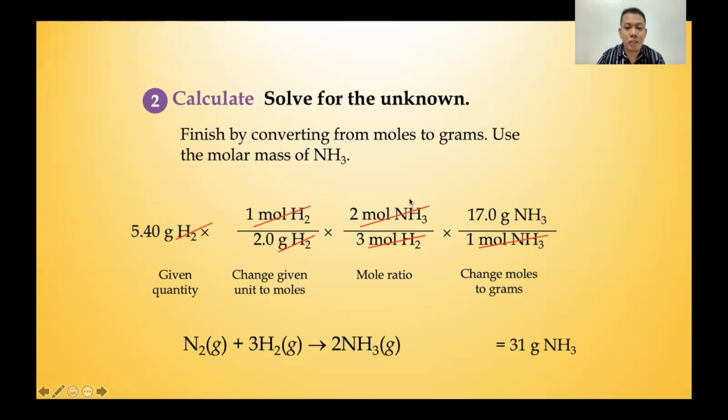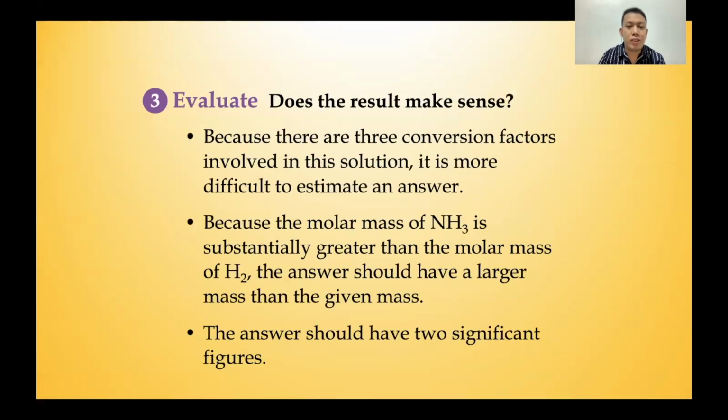So when you follow the solution, which is 5.4 times 2 times 17 divided by 6, you get 31 grams of ammonia.